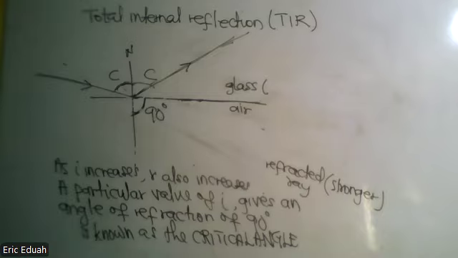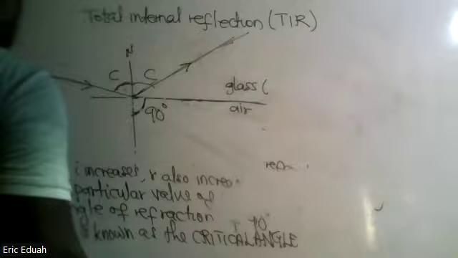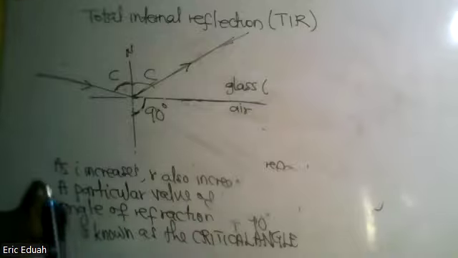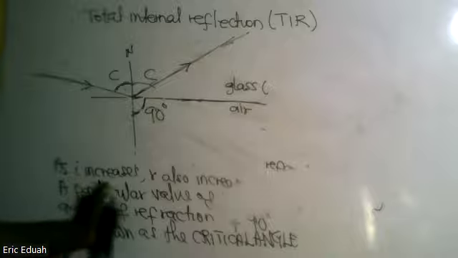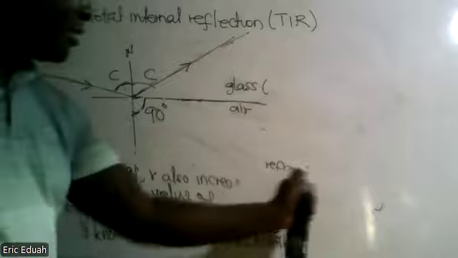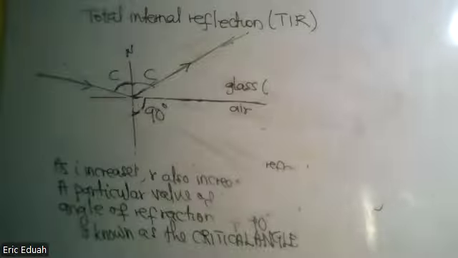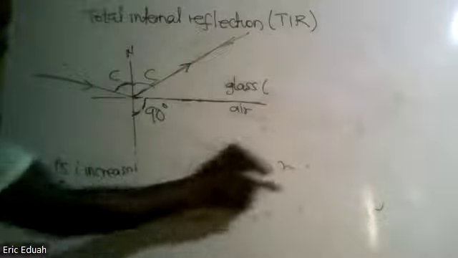Quickly, let's list the conditions that must prevail for total internal reflection to occur.